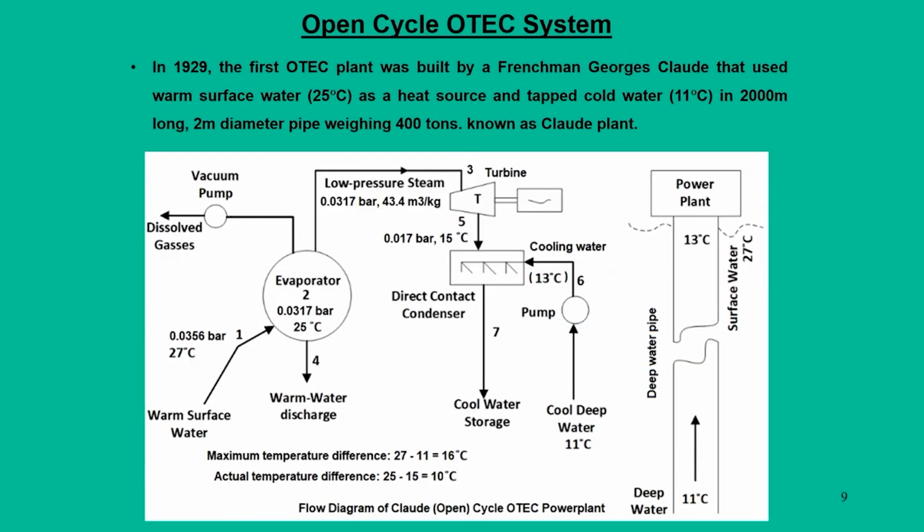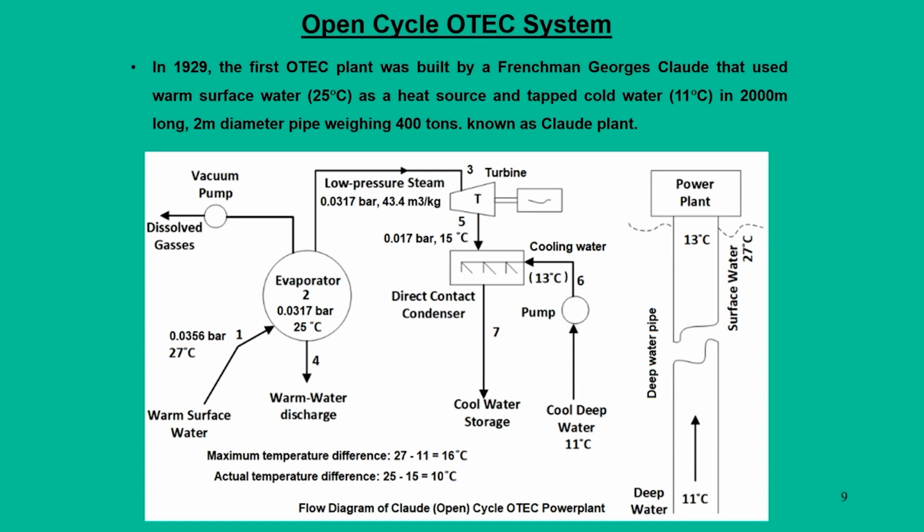So, with this concept we are now going to propose the first cycle, which is called the open OTC system. Open OTC system means ocean thermal energy conversion system. We have a temperature difference between the surface of the ocean and the deep water; that is the first thing, which we call the ocean temperature difference. Now, why do we call this an open cycle?